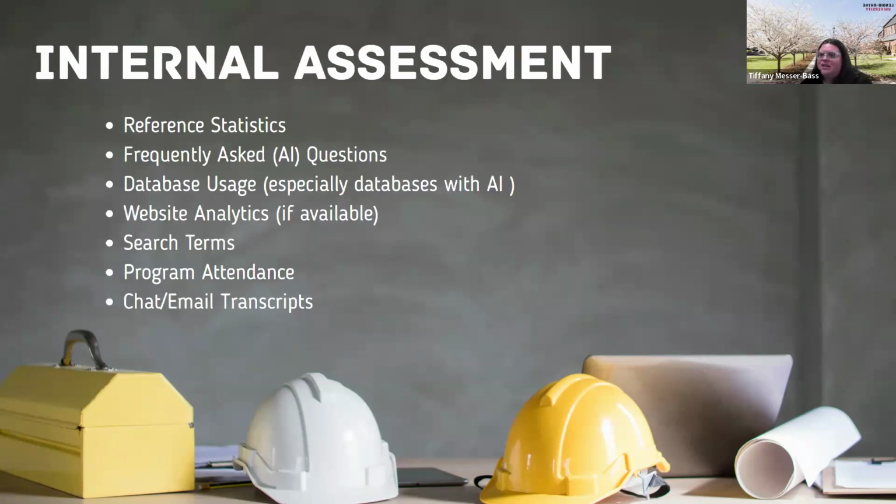So some ideas for internal assessment, use your reference statistics, especially if you're logging technology questions separately. Start gathering your frequently asked questions if you don't already, especially the ones on AI, beginner technology, and think about who is asking those questions the most. Is it seniors? Is it job seekers? Who is asking questions about AI the most?